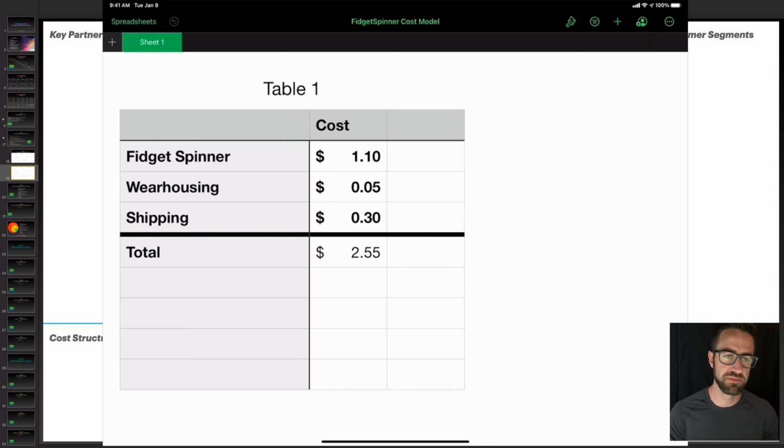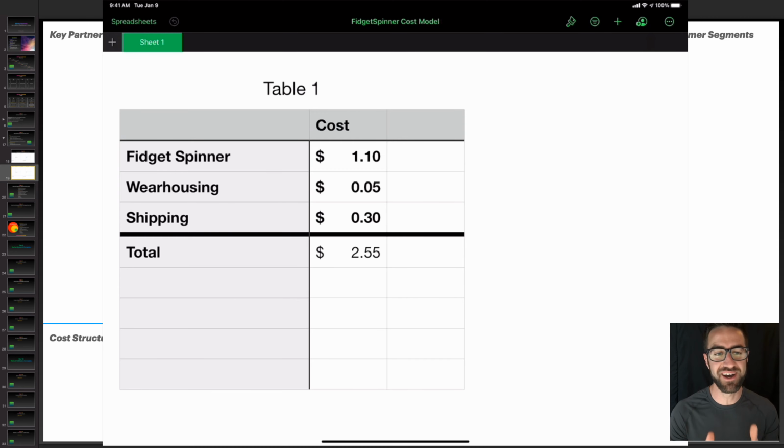A fidget spinner is a pretty simple toy that is used for people who are fidgety, right? It was initially something that would help folks with ADD. It'll give their hands something to do so that they have enough stimulation so they can stay focused. So the theory goes with ADD.